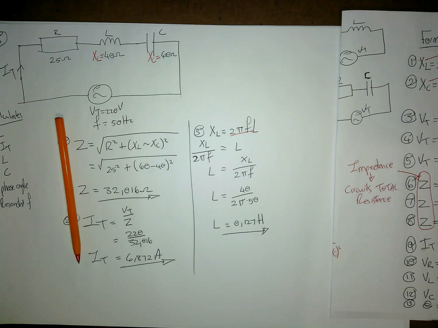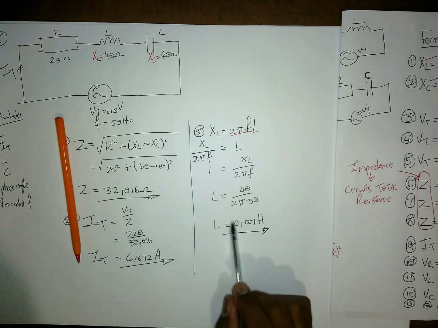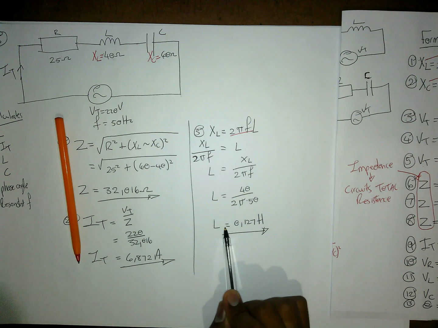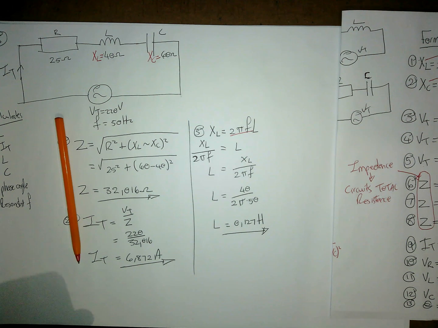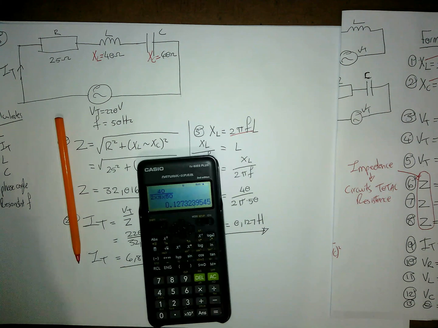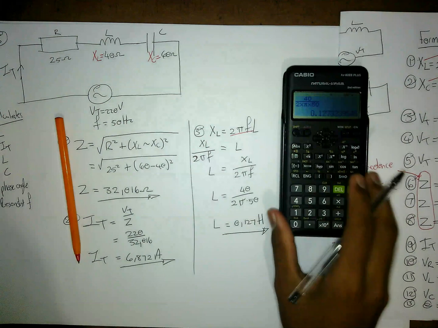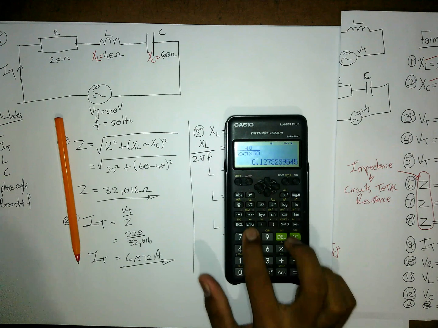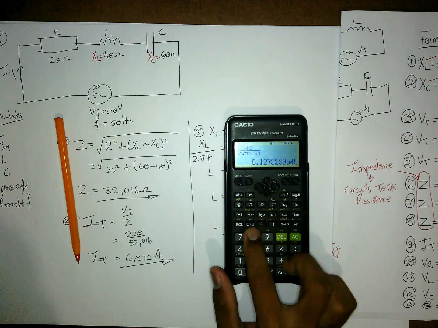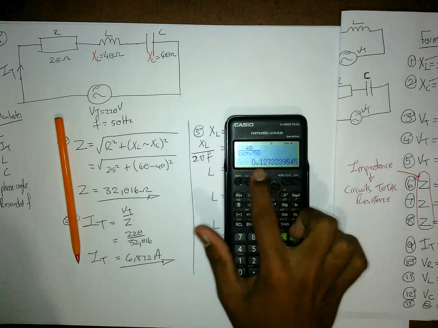Let us say, just for interest's sake, they ask for the value of our inductor but say to put it in millihenry. All you have to do on the calculator is press the engineering button to move the decimal.